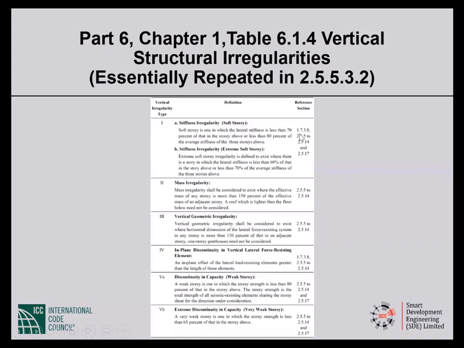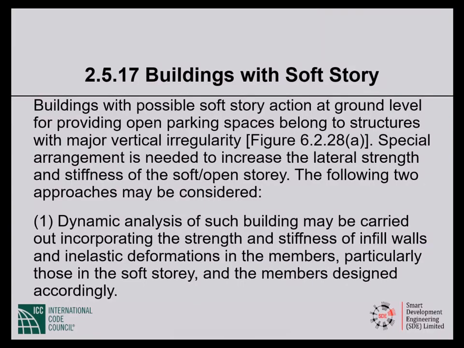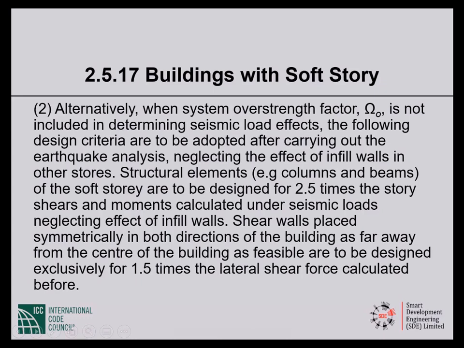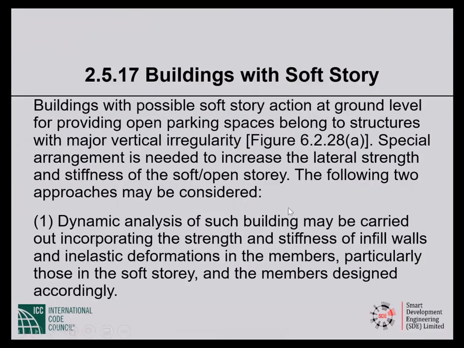Now, in addition to 1738 and all those sections, there is a section 2517 that is invoked. Okay, and 2517 is a section entitled Buildings with Soft Stories. And the way time is running, I think I probably will not go into the substance of these.